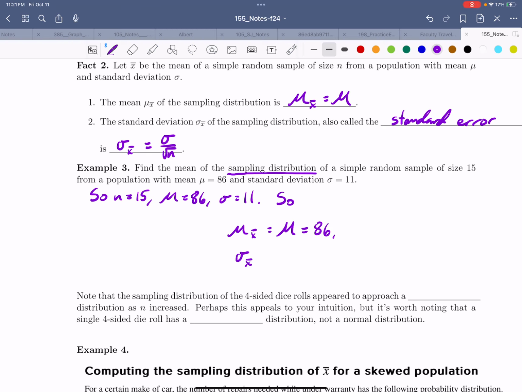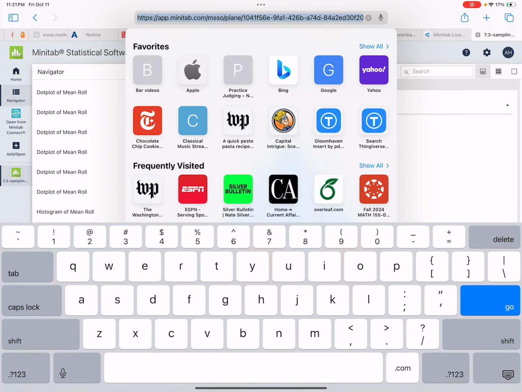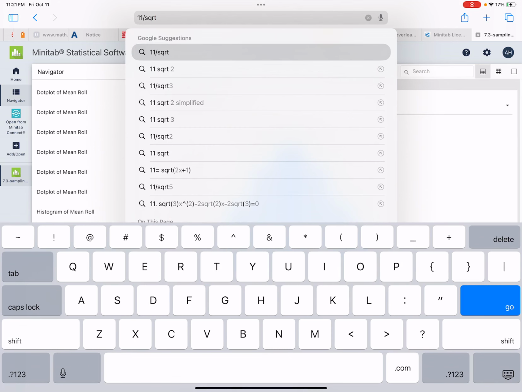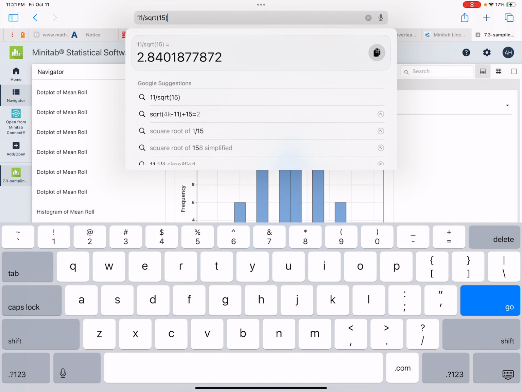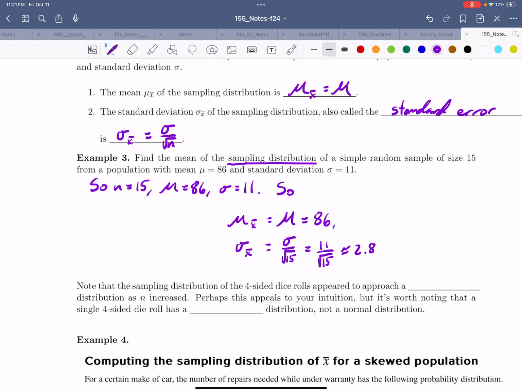And the sampling standard deviation, or the standard error, is sigma divided by root 15, which is 11 over root 15. If we calculate 11 divided by the square root of 15, that is 2.84-ish. Significantly lower than the standard deviation of 11. Okay?